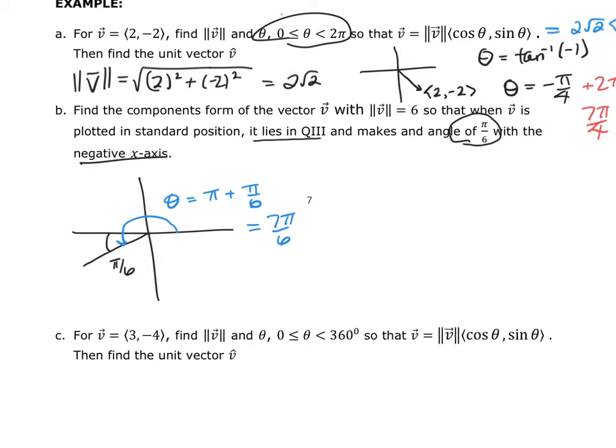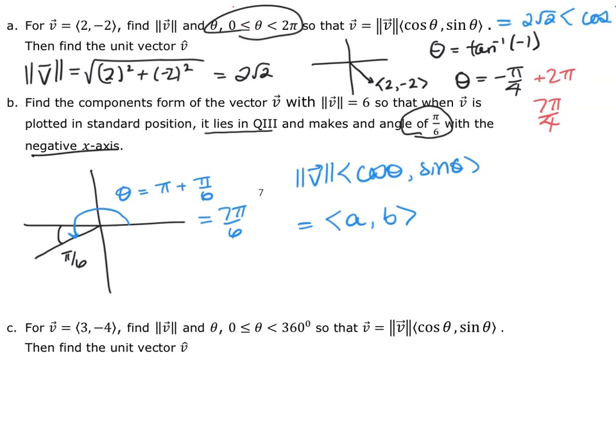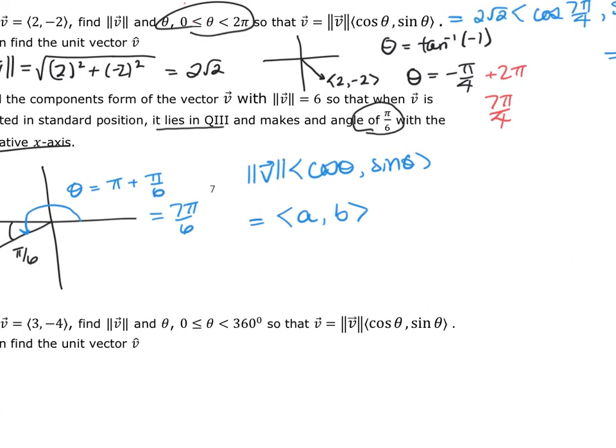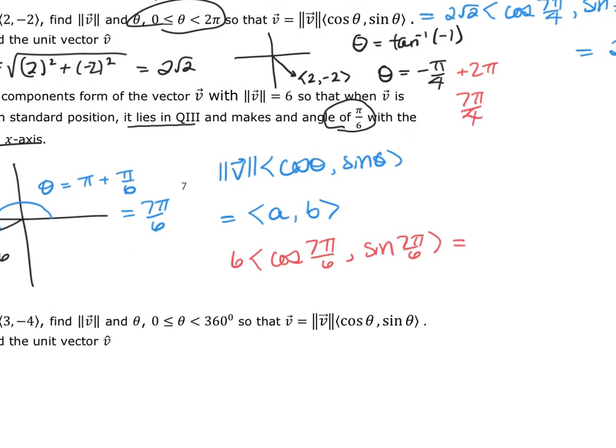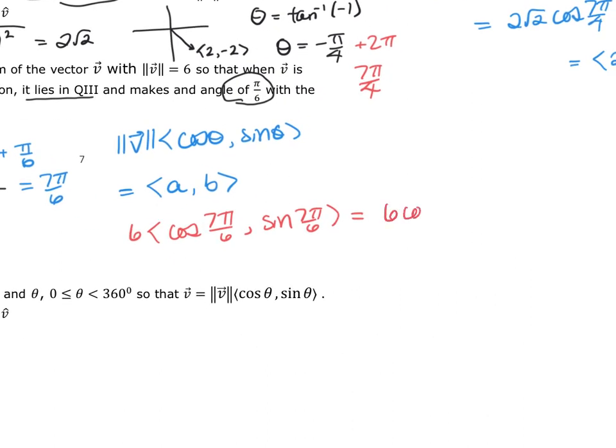Now I have everything that I need. I know that the magnitude of my vector multiplied by the cosine of my angle, the sine of my angle, is going to give me my a component and my b component. So I have the magnitude, which is 6, the cosine of 7 pi over 6, comma, the sine of 7 pi over 6, which is equal to 6, the cosine of 7 pi over 6, which is negative square root of 3 over 2.